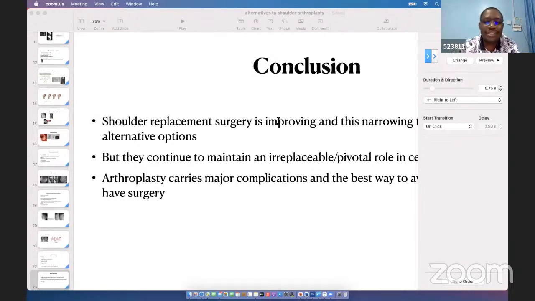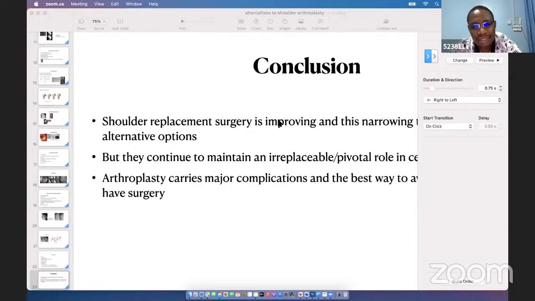And the commonest complication, it depends on the time at which you are assessing these patients. Earlier on, maybe the first few weeks after surgery, it could be infection, but later on, infection might not be a big problem. Implant loosening, implant wear, especially glenoid problems, are the commonest problems going forward in the later ages.